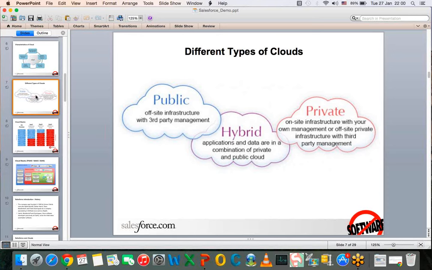They maintain their own infrastructure on-site, that is, in their own company. Generally there are two ways: on-site and off-site. On-site is within your company, and off-site is beyond your company, outside your company. They call it private.